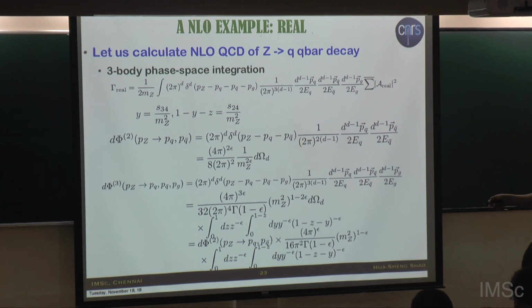You can do the D dimensions and integrate except the solid angles. You also have the dz and dy integrations. And the minus epsilon is very important to regulate divergence. I can completely factorize out my 2-body phase space times some epsilon dependent factors, and dz dy integrations.